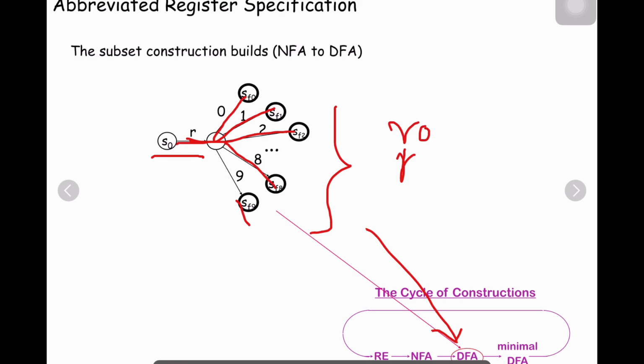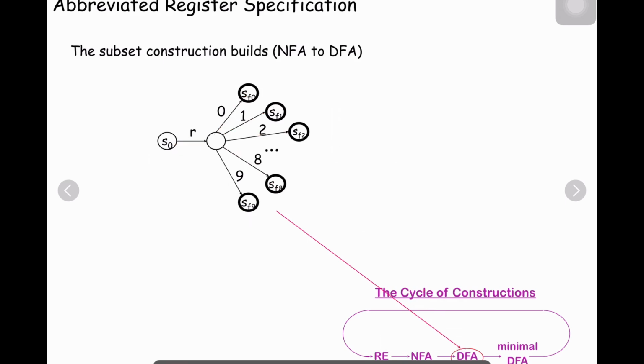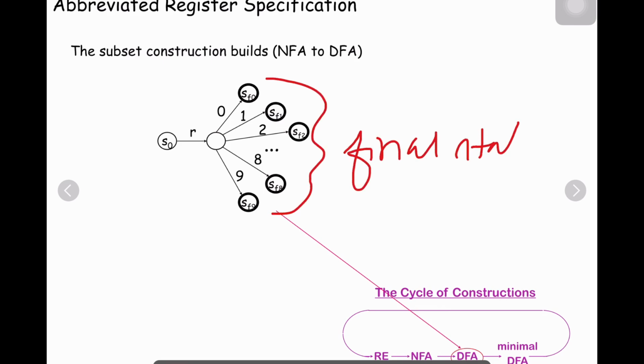Still it can be minimized, because there are multiple final states, 9 final states. All of them reach one of the final states. How to get the minimal DFA? That is the last step of this cycle.